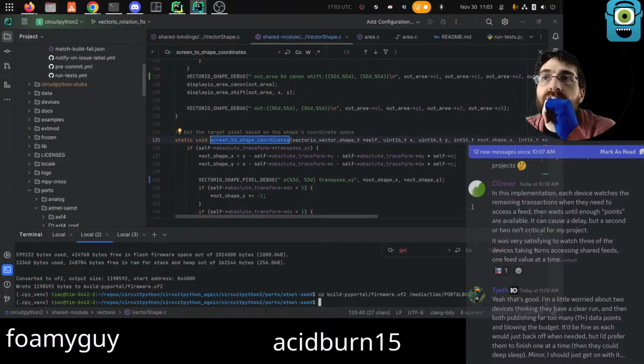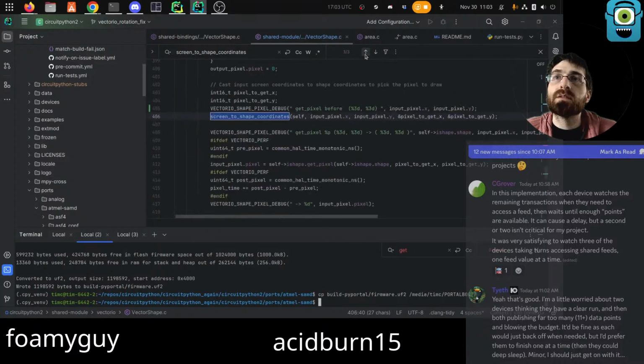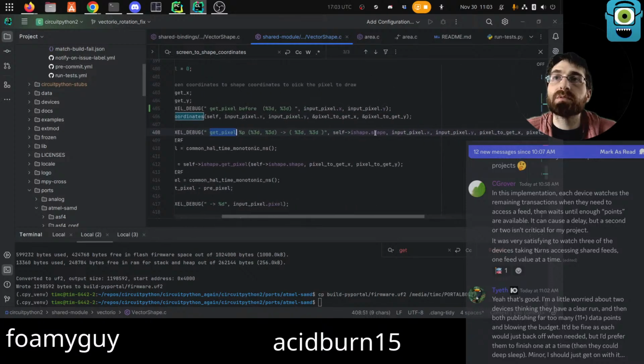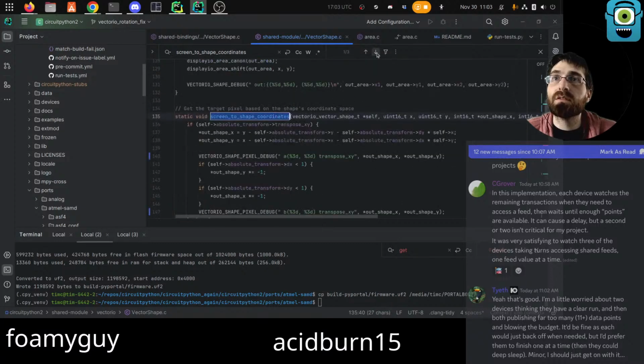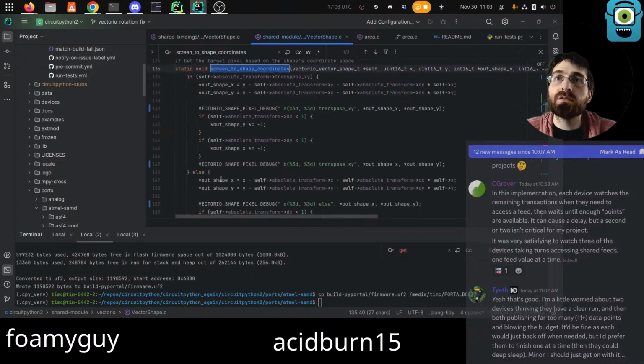Because get pixel prints outshape, which is called pixel to get xy. So to get xy comes from this, which calls outshape internally. And so outshape internally gets an x and a y set to these things.